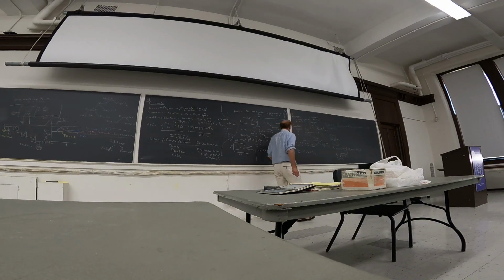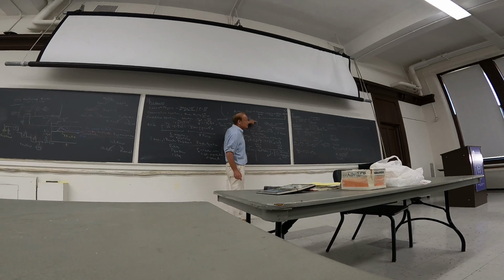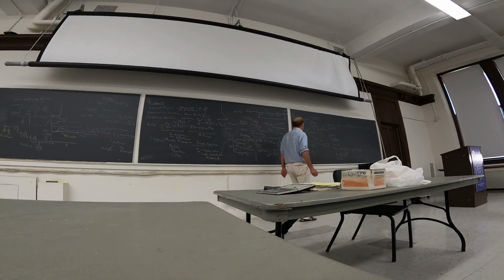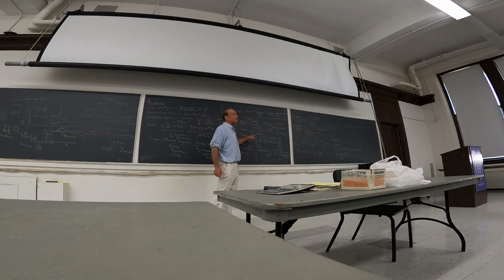Now in a CSTR, the assumption is that the regime is perfectly mixed. So the concentration everywhere in the reactor is the same. And since C out comes from the reactor, you assume that C out is the same as the concentration in the reactor. And if I have net generation, I have reaction. But here I assume there's no reaction because I'm given that there's no reaction.